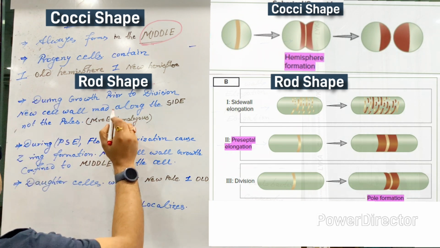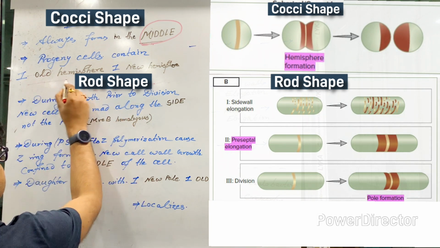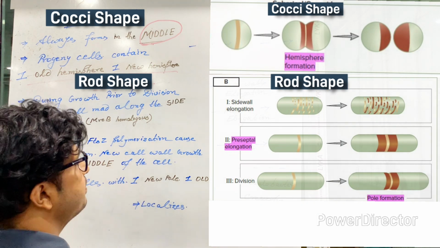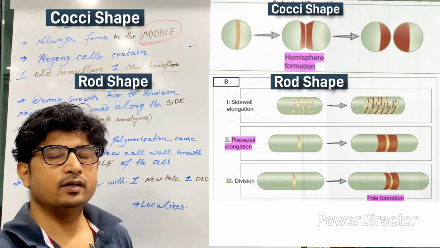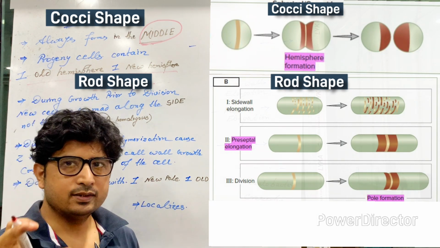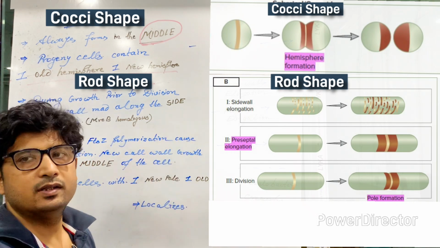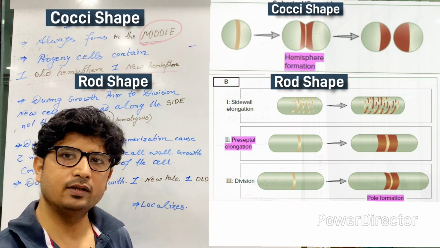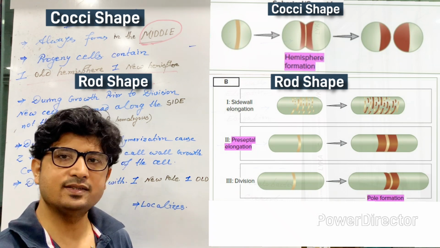So progeny cells will contain one old hemisphere and one new hemisphere. What is a hemisphere? Hemisphere means when the two cells or two cocci are dividing, as you can see in the picture, that time what happens? In the middle, new peptidoglycan is synthesized.